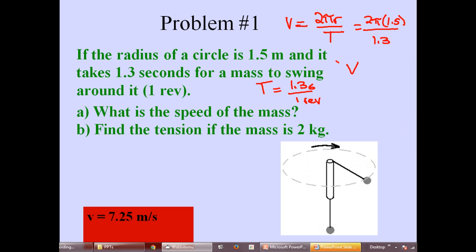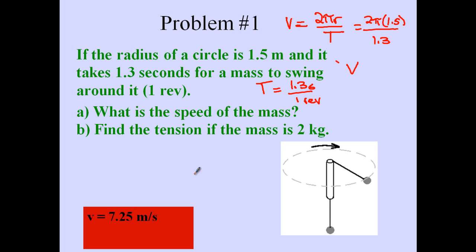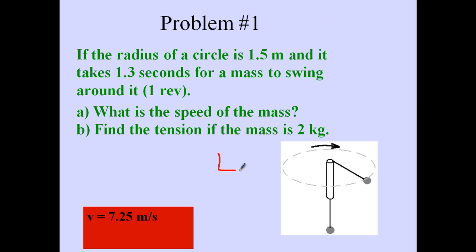And now find the tension. So we need to find out what force we're talking about here. So we draw the free body diagram for this mass. We have the force of gravity going down, and we have tension going this way. So we know the acceleration is also going this way.